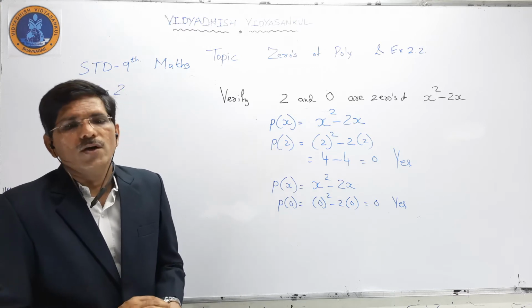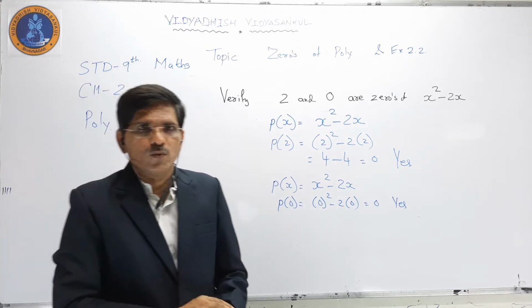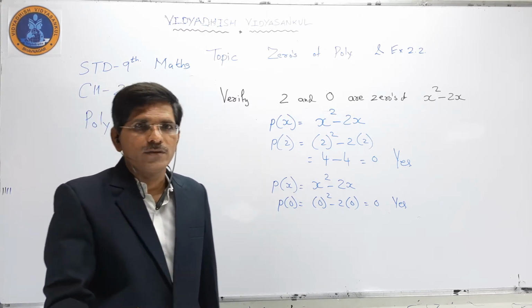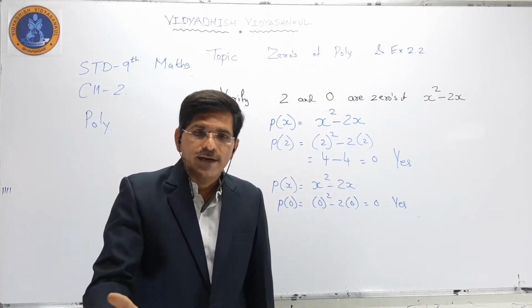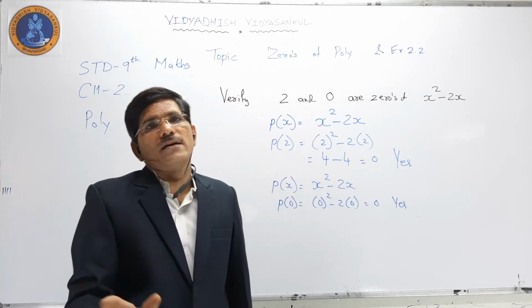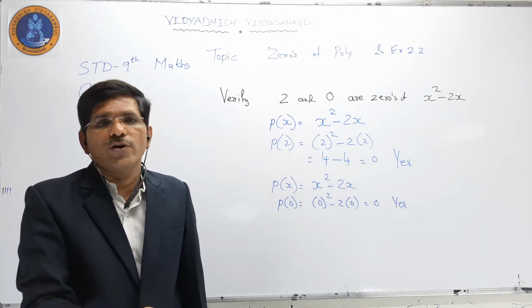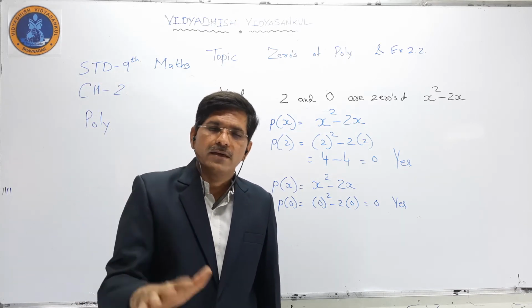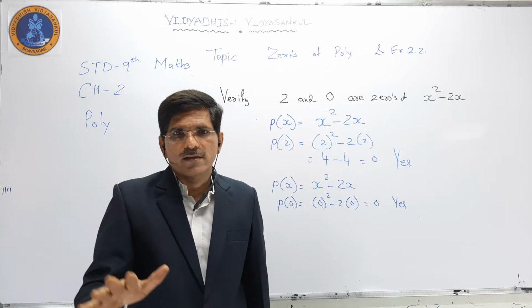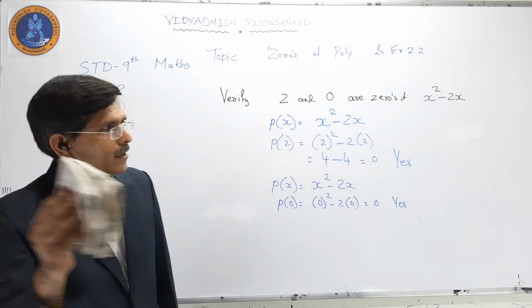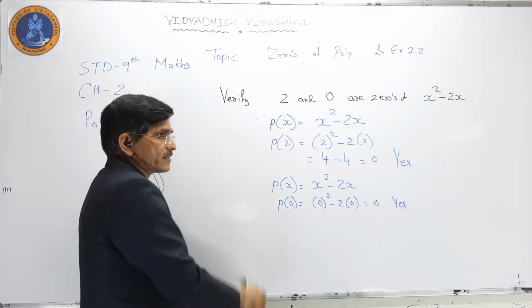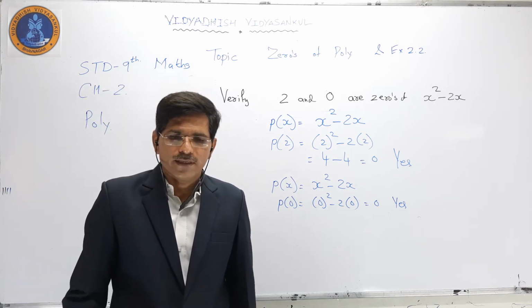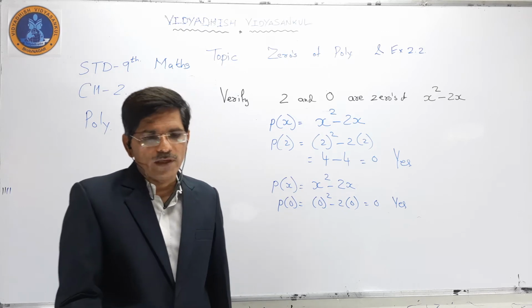This is called verifying. Exercise 2.2 has 4 topics: find values of a polynomial, check whether numbers are zeros of a polynomial, or we can say verify, and the 4th question is to find the zeros of a polynomial. In the last lecture we already discussed question number 1, how to find the value.